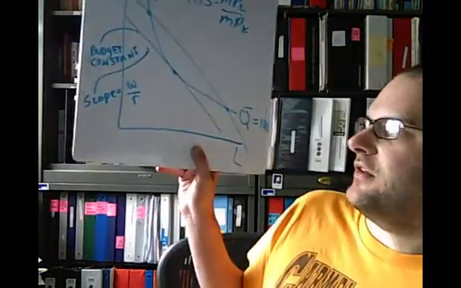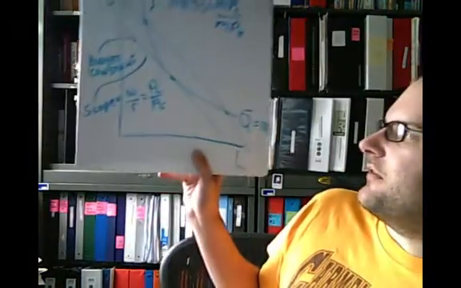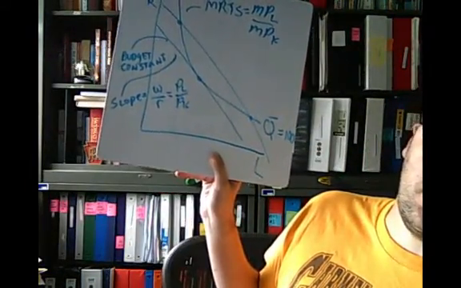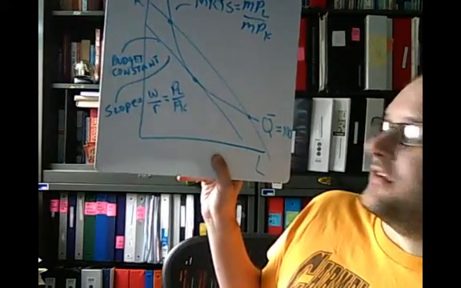And now I have my isocost curves, where the budget is constant and the slope is equal to the wage rate over the rental rate of capital, W over R, or alternatively, the price of labor over the price of capital. So price of capital is often considered little r, the rental rate. Price of labor is considered W, the wage rate.